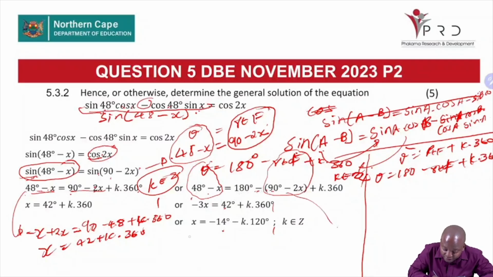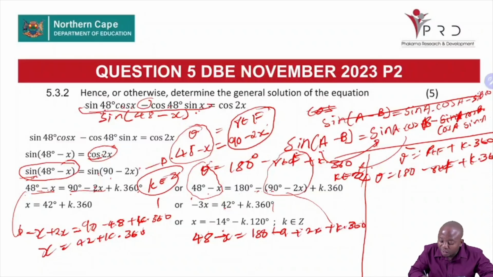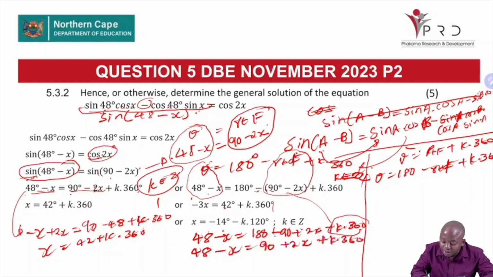So what we'll have in that case, we have 48 minus x is equal to 180 minus 90 plus 2x plus k 360. Every statement you write where there is k, you also say k is an element of integers. Now we have 48 minus x equals 90 plus 2x plus k times 360.